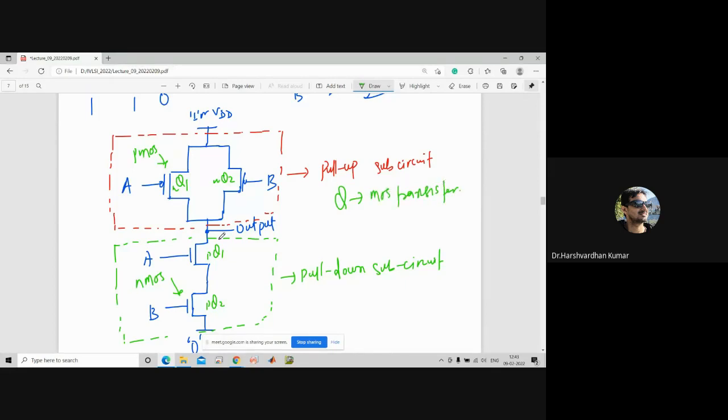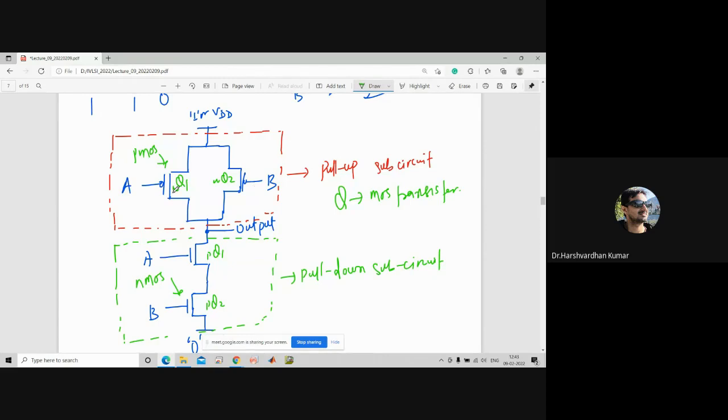So let us say if Q1 is off and Q2 is on, then what will happen to the output? Output will still be high, right? It means it is at logic 1. Similarly, if Q1 is at logic 1 and Q2 is 0, then in that case also you will get logic 1.